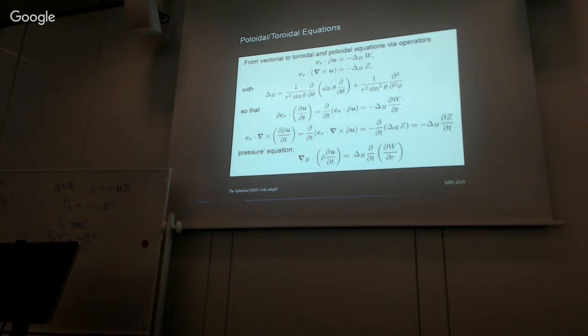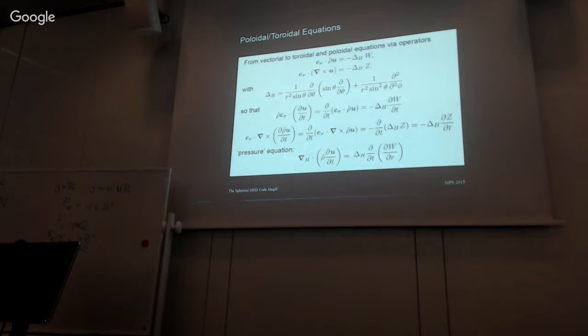The same you can do with the magnetic field, because that is also decomposed in poloidal and toroidal parts. For the pressure, we need an additional equation. What we do is take the horizontal divergence of the Navier-Stokes equation. That gives you an equation like this, which is an evolution equation for the radial derivative of the poloidal potential.